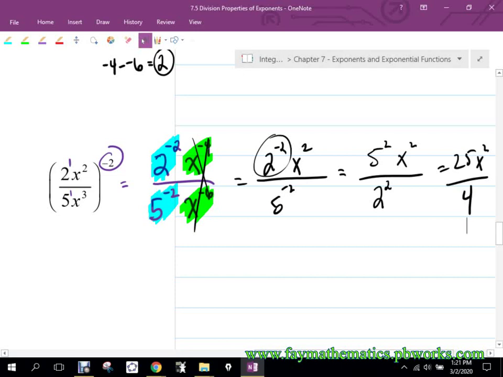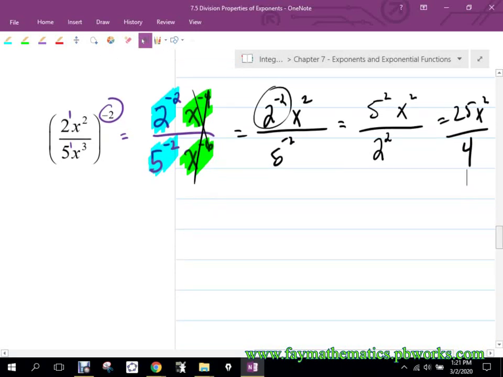Now, there are some other things you can do with this. I like to deal with negative exponents last. This is my suggestion to you. This you have to do first: you have to do power raised to a power first. So you have to take that negative 2 and start distributing it, right? That has to be done first.